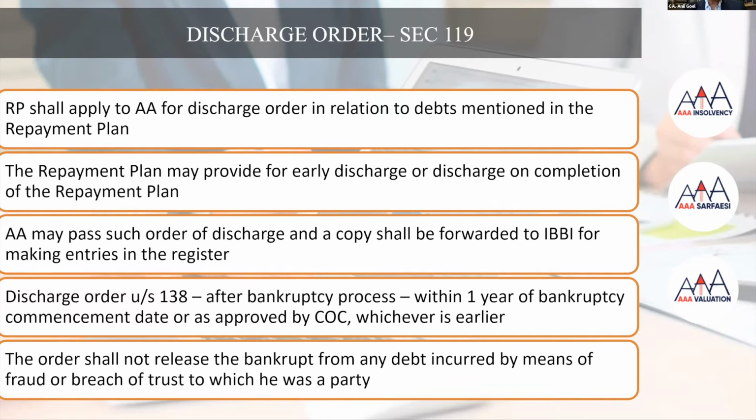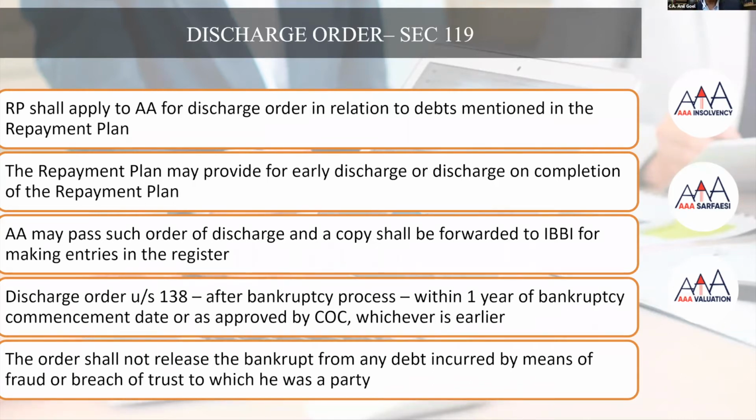This order shall not release the bankrupt from any debt incurred by means of fraud or breach of trust to which he was a party. This section 138 order would not give a discharge to the bankrupt from any debt incurred by means of fraud or breach of trust to which he was a party.